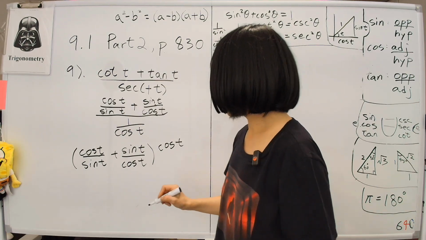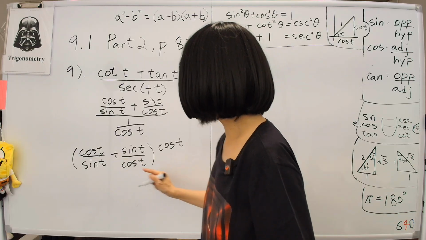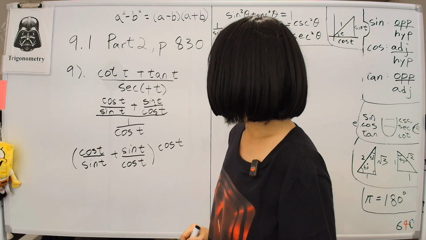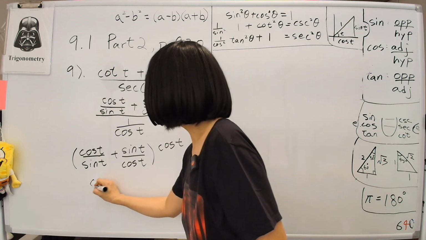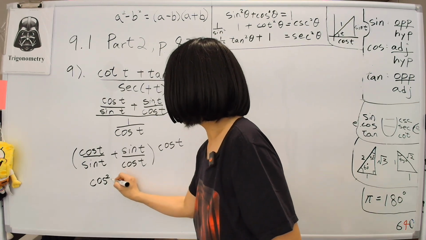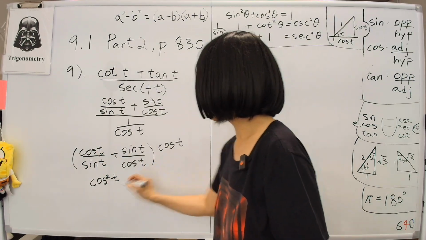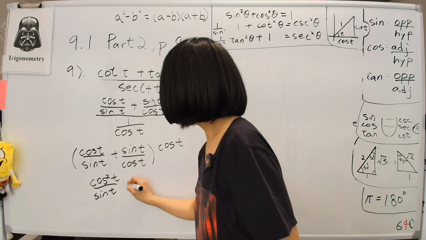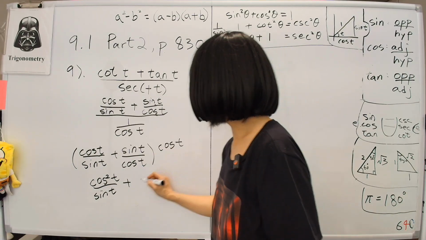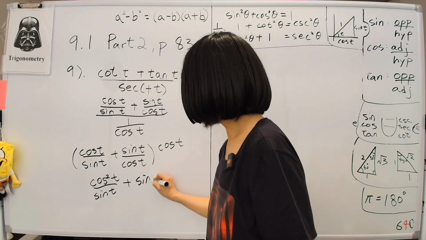Now this multiplied together becomes cosine squared of t over sine of t, plus, this one cancels out, plus sine of t.